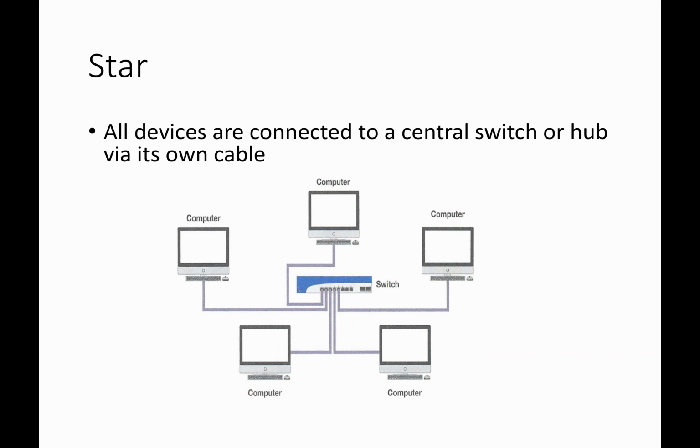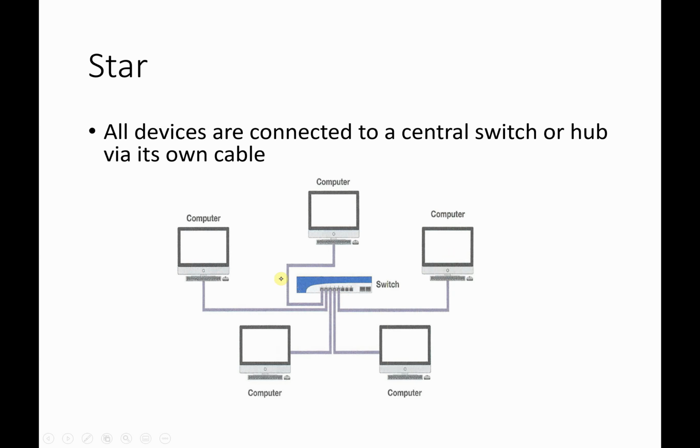So the idea with this one is that we're now using a switch. If I want to send data to that computer, I send it, the switch will know which port the other computer is connected to, and then only send it to that one. So it's not going to swamp the whole network with traffic, unlike the last one.